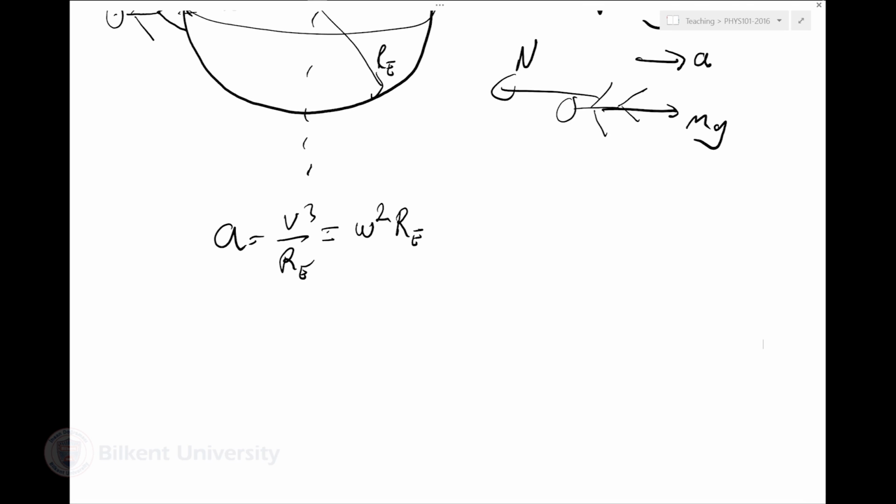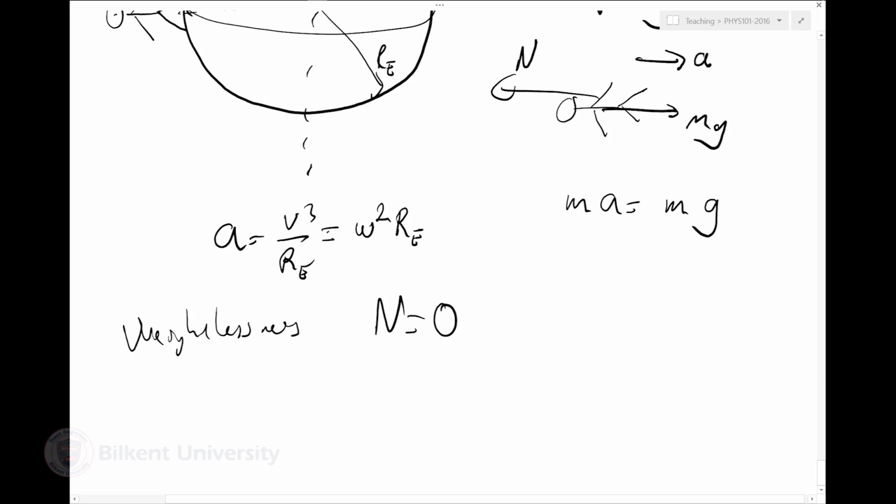Now, what do I want for weightlessness? N should be 0, which means ma should be equal to mg, or in other words, omega squared r Earth must be equal to g.